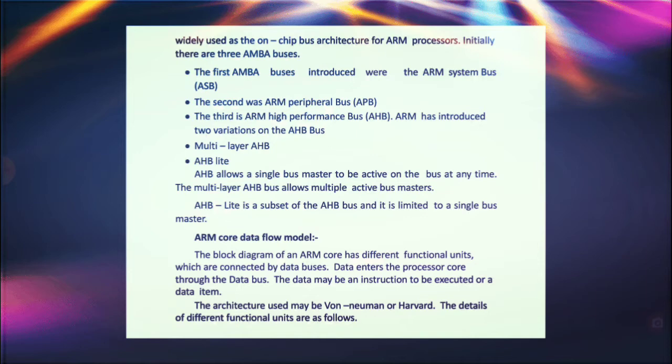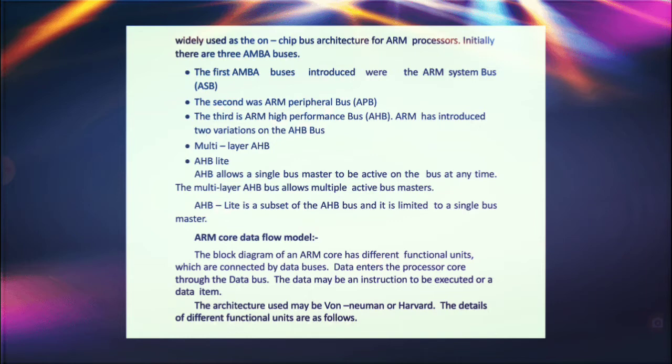ARM core data flow model consists of functional blocks connected by data buses. Data enters the processor core through the data bus. The data may be an instruction to be executed or a data item. The architecture used may be von Neumann or Harvard.